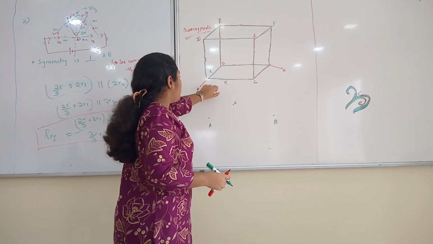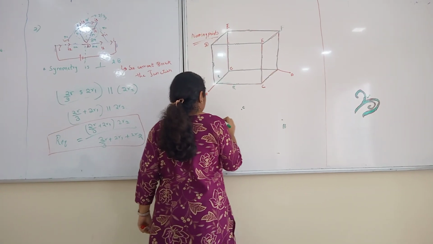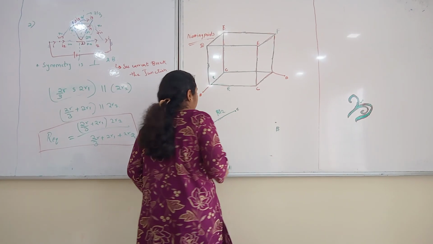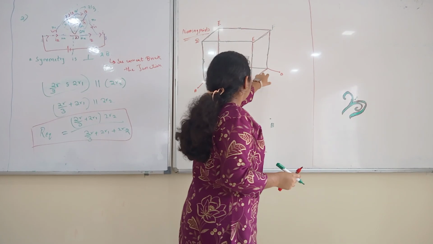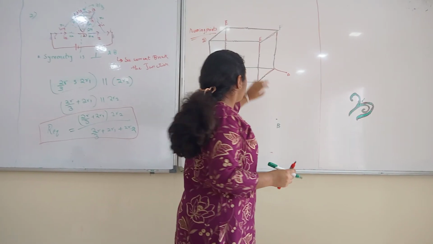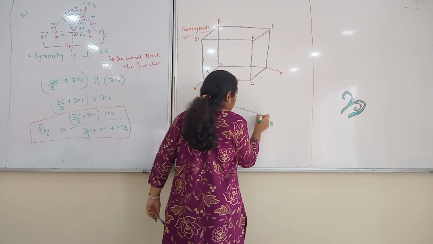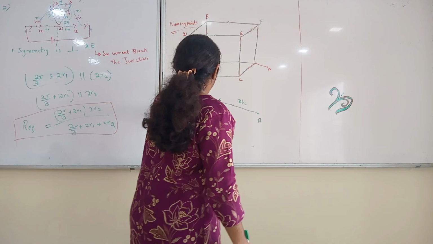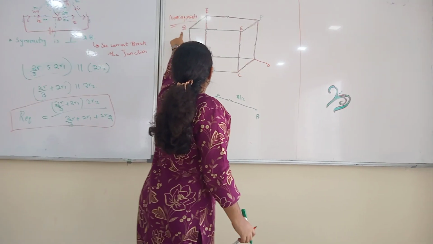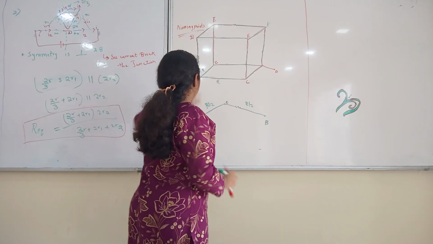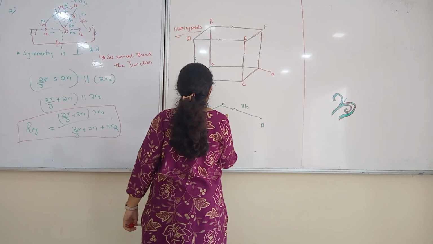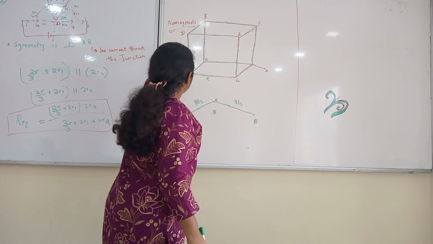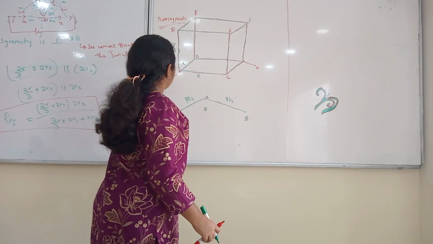So R in parallel makes R by 2. B or C, maybe दो resistor है in parallel, it makes R by 2. Okay. Then the point is near to A. D is near to A. Let's make here D. So D तो एक ही point है. So it is R.